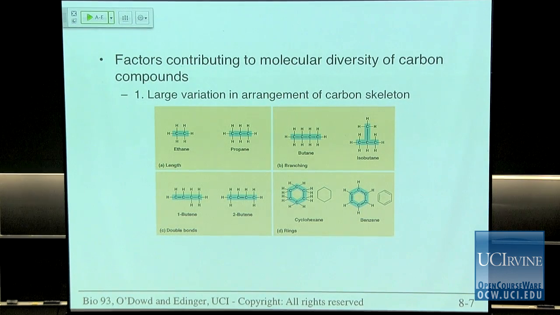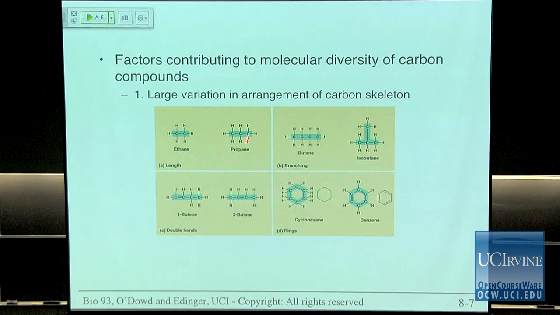And even here, where we're talking about very small carbon compounds, there are different arrangements. So for example, here in this molecule that has 4 carbons, it can be linear or it can form a T-shape. And these 2 molecules, even though they have exactly the same number of carbons and hydrogens, have very different properties.